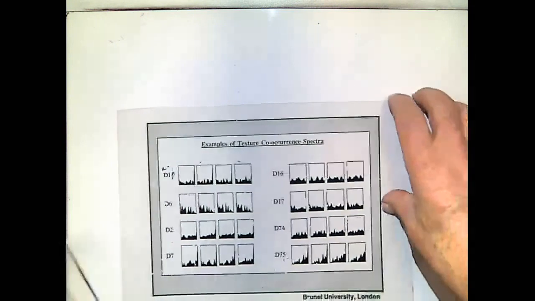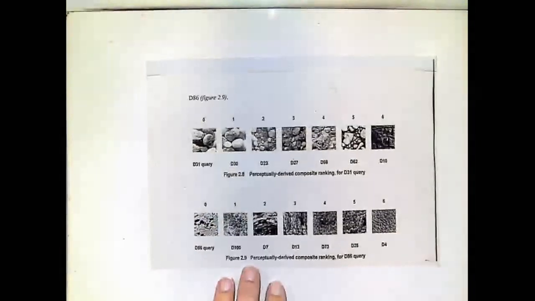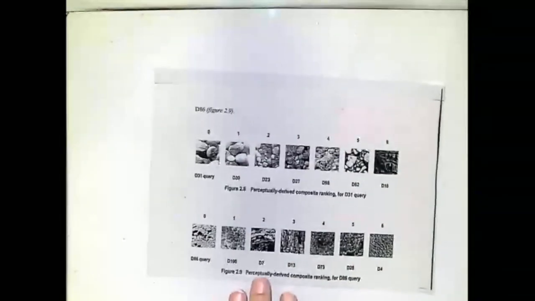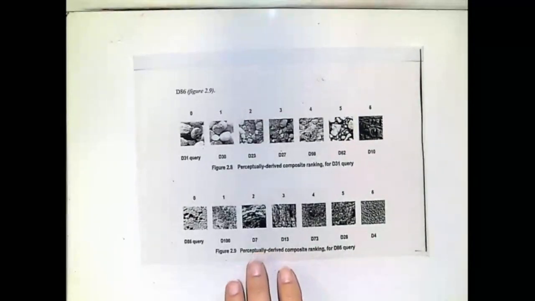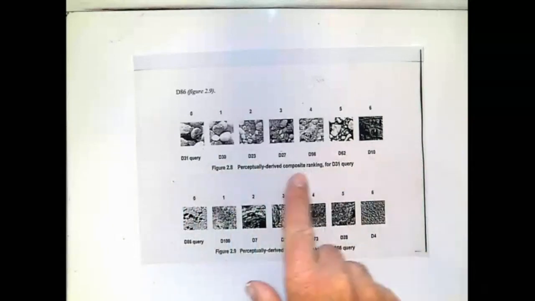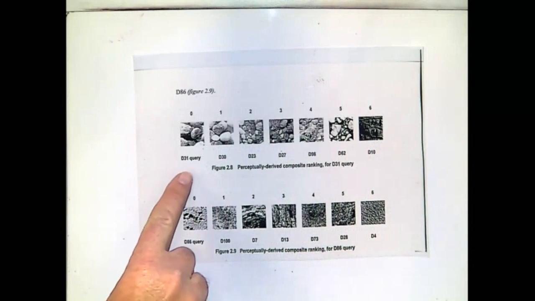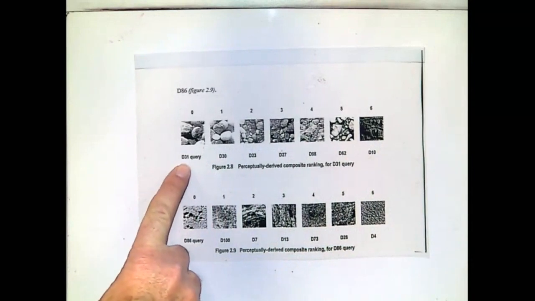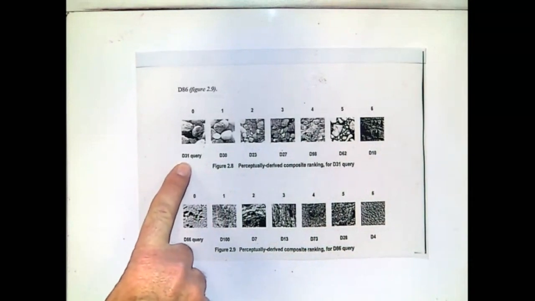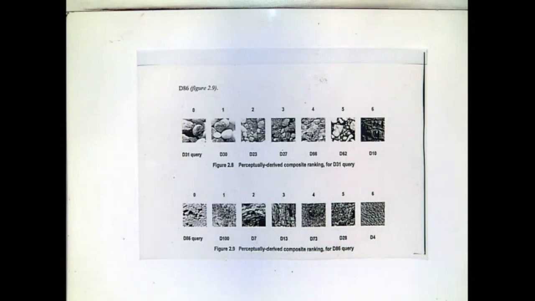Well, these are some real results. Again, it came from a PhD student. This is the database, these are taken from the database. This is the target query. I want to find images in the database that look like that image. Now, I'm just using the image.